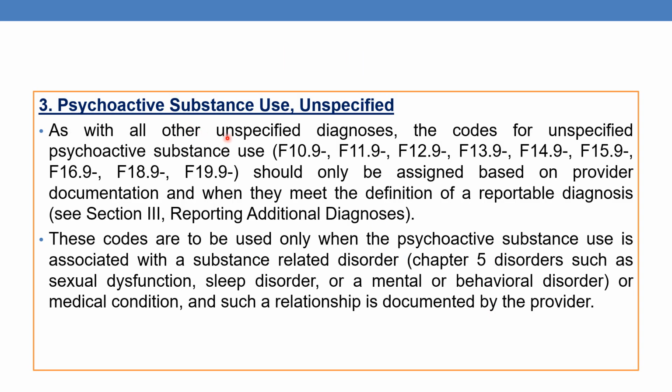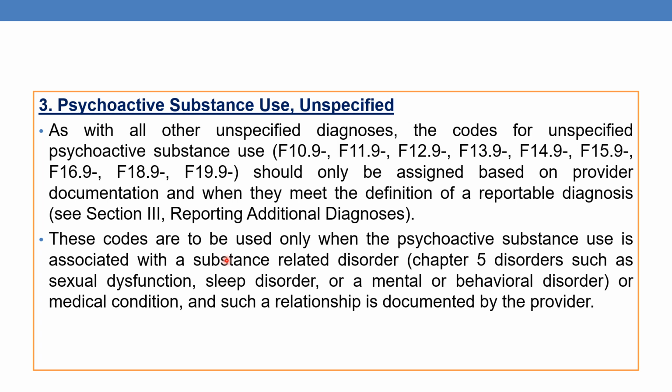Coming to psychoactive substance use unspecified. It is given by the fourth digit 9 from the F10 to F19 series. You can see F10.9, F11.9 and so on till F19. It is given by the fourth digit 9 and the codes are further expandable. Like all other unspecified diagnosis codes, the codes of unspecified psychoactive substance use should be assigned only based upon the provider's documentation and when they meet the definition of reportable diagnosis.